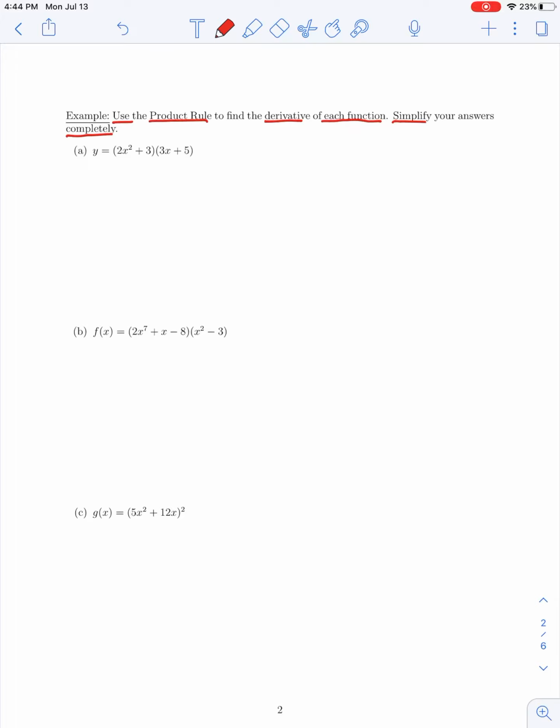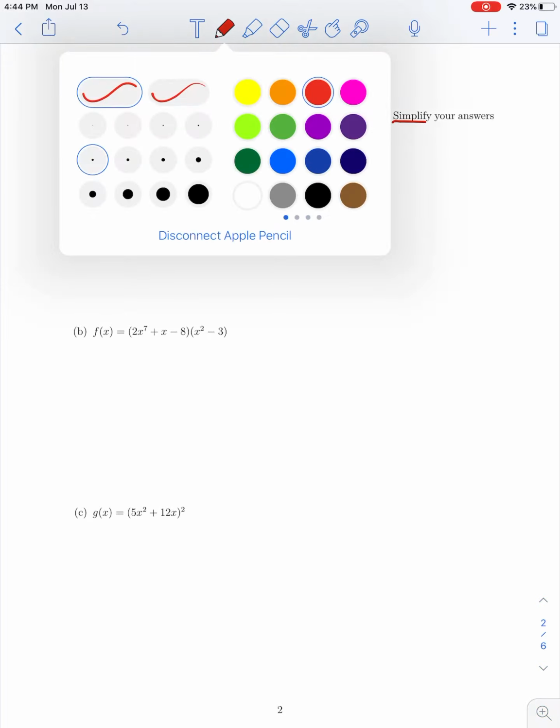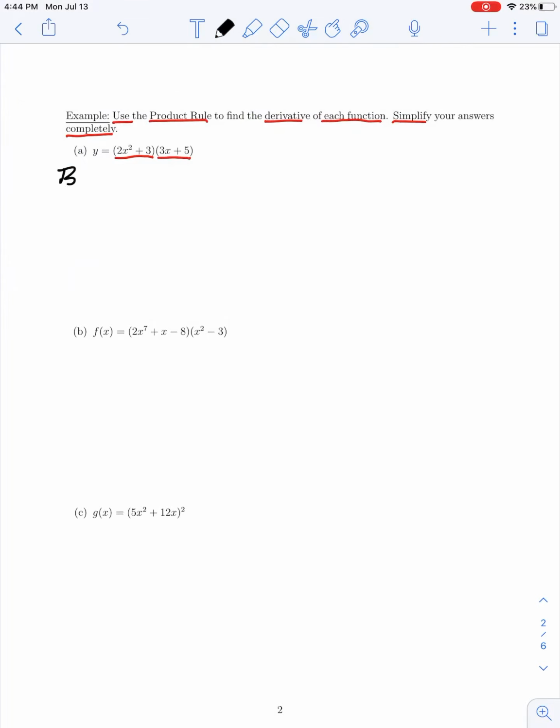So in part A, we have the function y equals 2x squared plus 3 times 3x plus 5, a product of two polynomials. So making use of the product rule, let's say by the product rule, our derivative, y prime, is found by taking the derivative of the first function in our product.